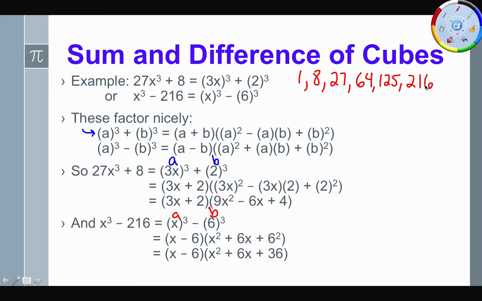They might go a little bit bigger, but you just need to determine if the numbers are cubes. So notice here 8, 27, and 216. I knew those were cubic numbers.